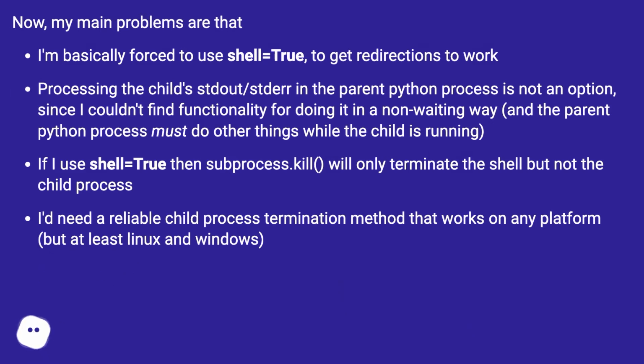Processing the child stdout/stderr in the parent Python process is not an option, since I couldn't find functionality for doing it in a non-waiting way, and the parent Python process must do other things while the child is running. If I use shell equals true, then subprocess kill will only terminate the shell, but not the child process. I need a reliable child process termination method that works on any platform, but at least Linux and Windows.